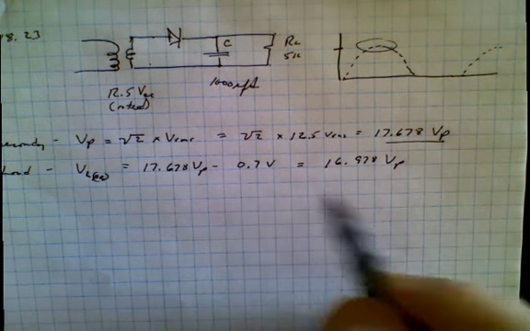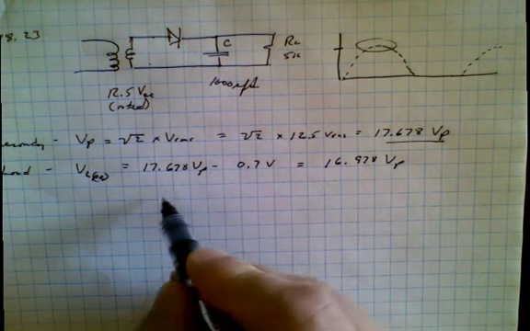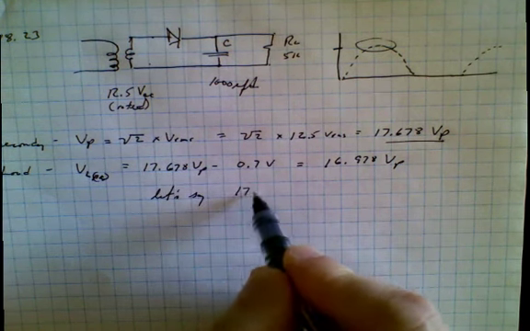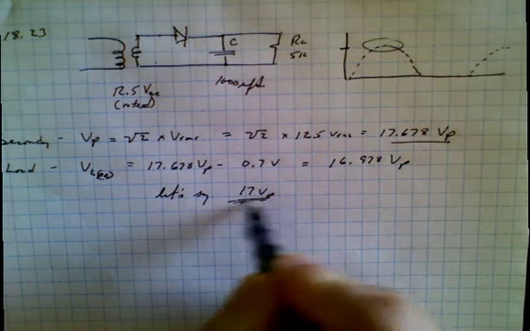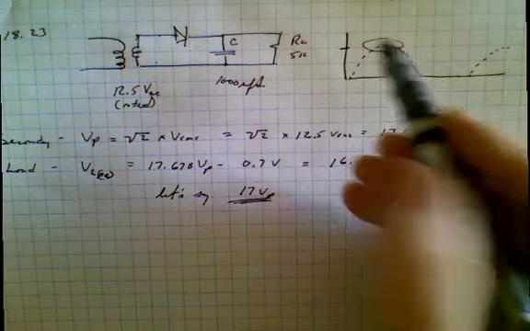For the sake of making this problem a little simpler, let's just say 17 volts peak. We'll just say that that's the actual value here, 17 volts.